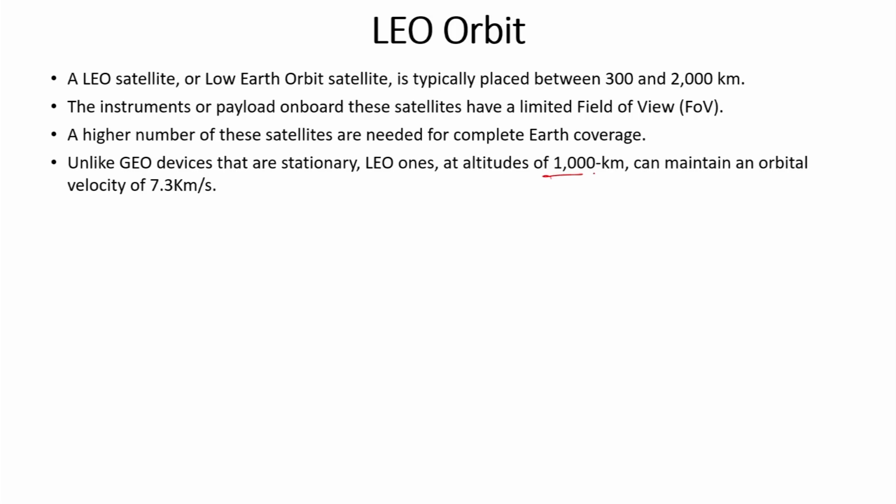Suppose I use a 1000 kilometer satellite orbit. The orbital velocity will be 7.3 kilometers per second, and the orbital period will be something like 1 hour 50 minutes.